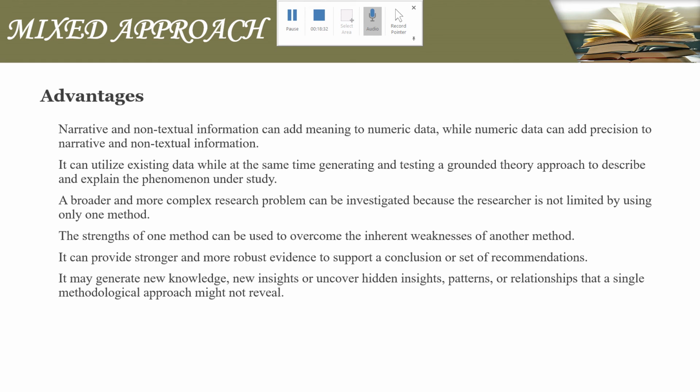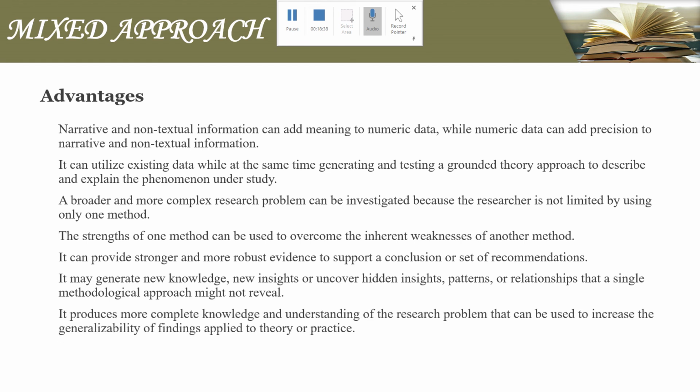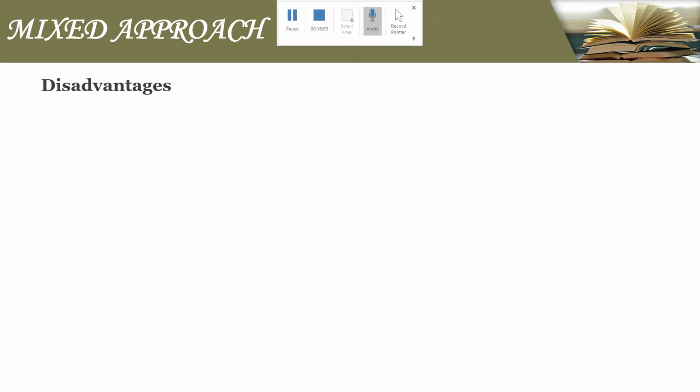However, when you mix these methods or approaches together, you'll be able to overcome this. It produces more complete knowledge and understanding of research problems that can be used to increase generalizability of findings applied to theory or practice.